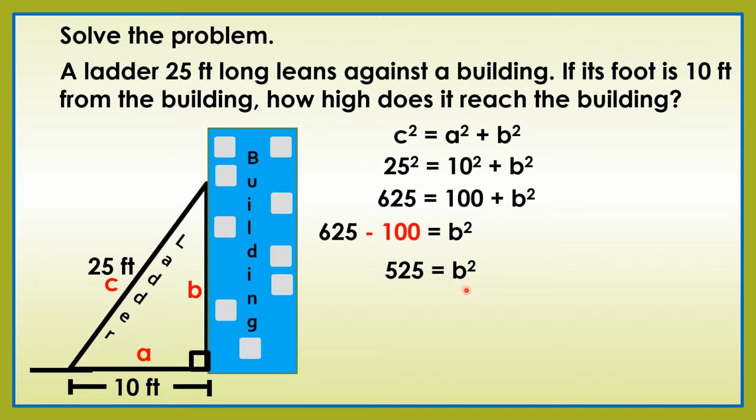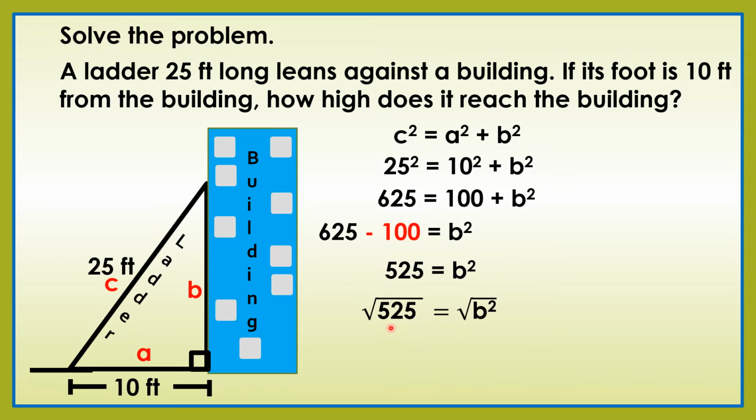So para ma-solve natin yung B, kailangan natin itong kuhanan ng square root. So pag nag-square root tayo dito sa right side, ganun din sa left side. So we will have now the square root of 525 is equal to the square root of B squared. So yung B squared dito ay pwede na natin siyang i-cancel kasi divisible siya sa index na 2. So cancel ang squared at yung radical sign.